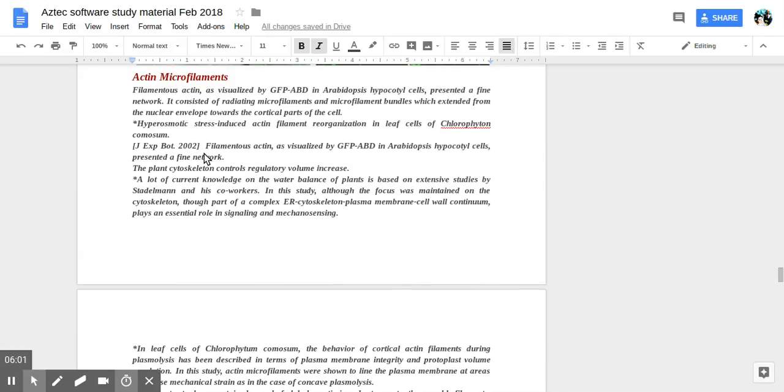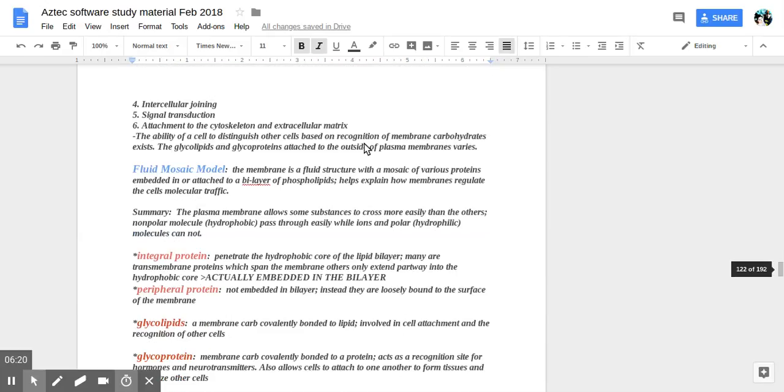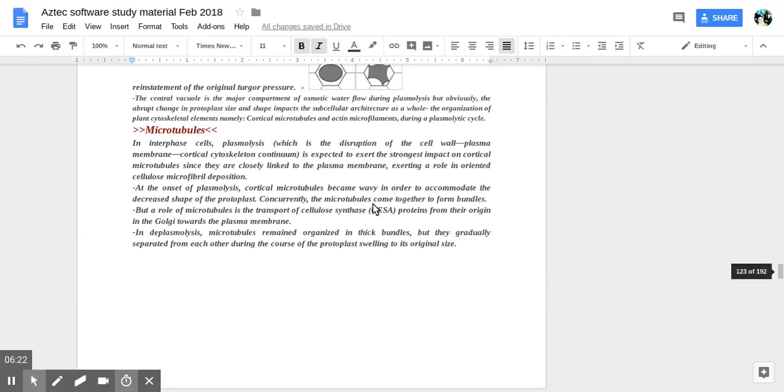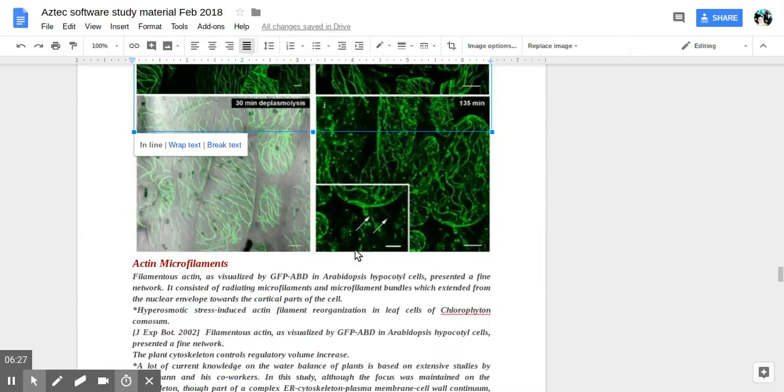Actin. You want to read that? Actin microfilaments, filamentous actin as visualized by GFP-ABD in Arabidopsis. That's the species of plant that the research was studying, like these cells shown.